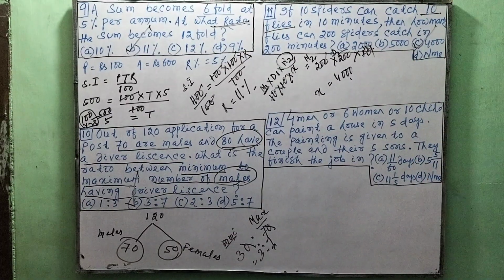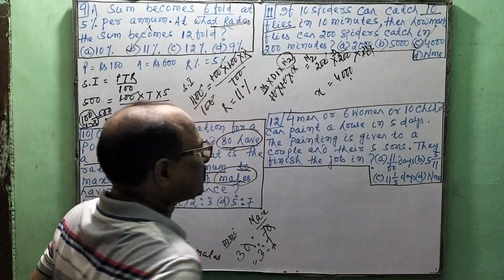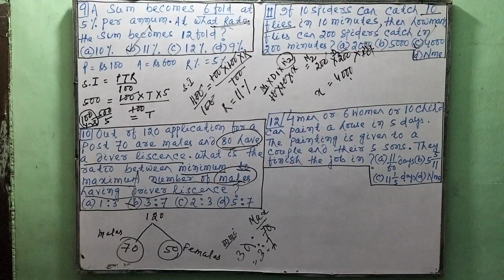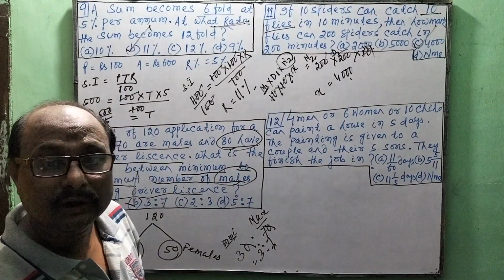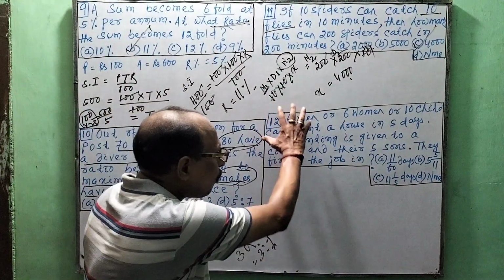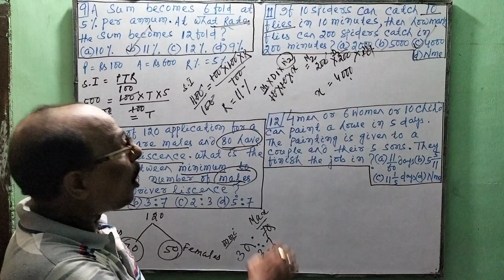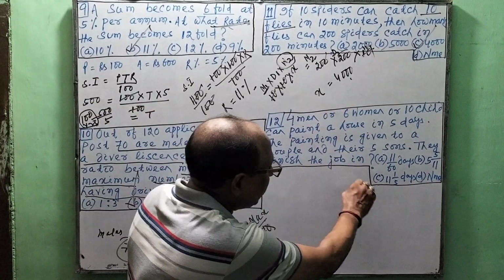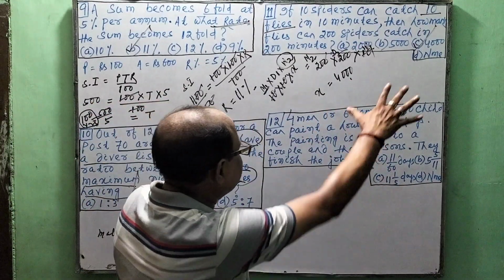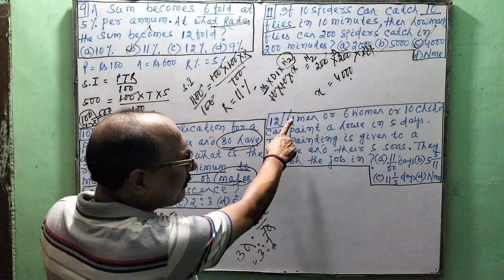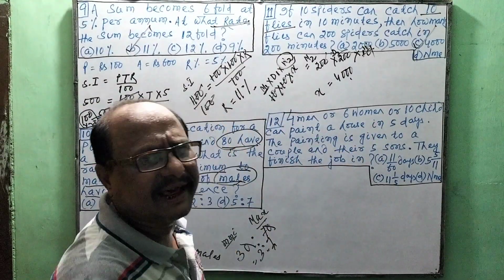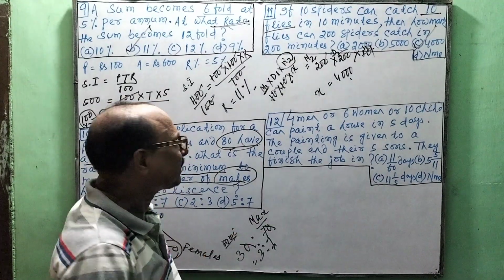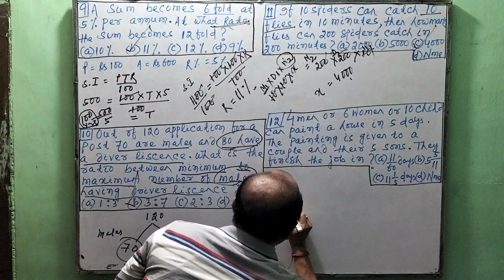Next question. 4 men or 6 women or 10 children can paint a house in 5 days. If 4 men do it in 5 days, 1 man does it in 20 days, 1 day work is 1/20 of a man.